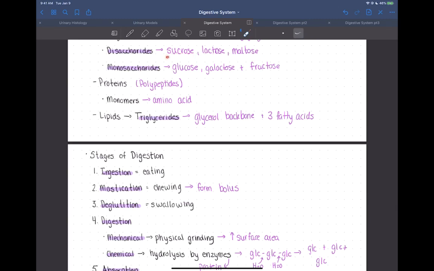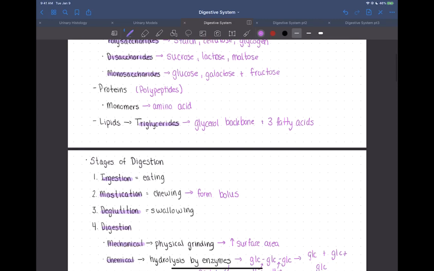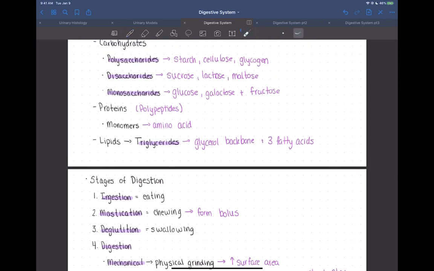So sucrose has an enzyme called sucrase that breaks that bond. Lactose has lactase, and maltose has maltase. So enzymes are extremely specific in the reactions that they catalyze, all right? And they can be reused. So sucrase could break down one molecule of sucrose, move on to another one, break it down, and just keep going and going and going.